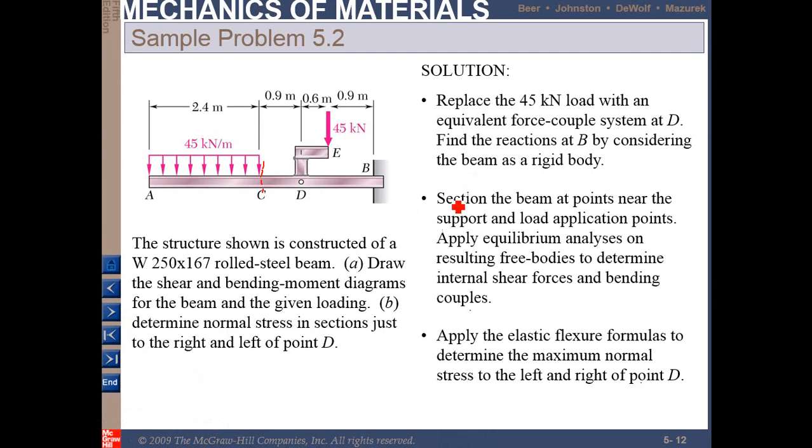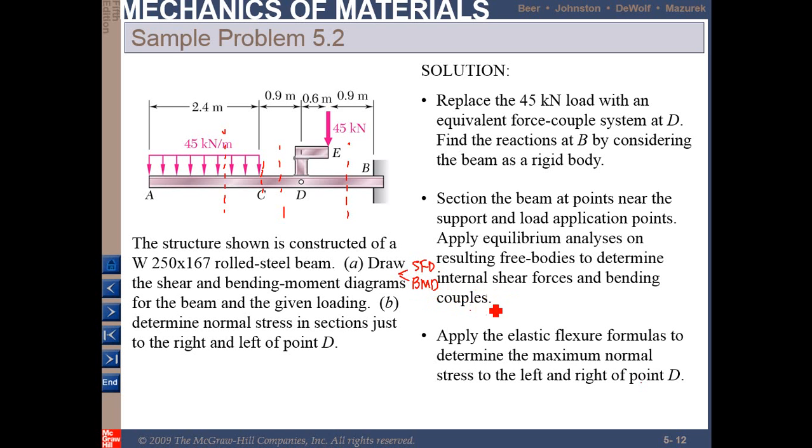You have to cut the beam into several sections. So from A to C, you cut at one section, and then from C to D, you cut at one section, and from D to B, you cut at one section. At each section that you have cut, you can do the analysis to find the internal shear force and also the internal bending moment. From there, you can create the diagrams for both the shear force and the bending moment.